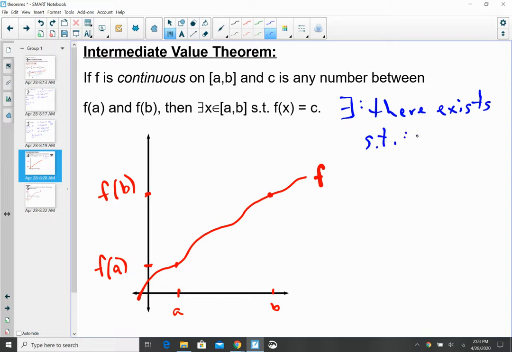We come up with an abbreviation for two four-letter words, such that f of x equals C.